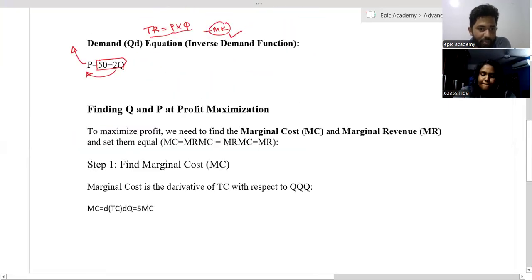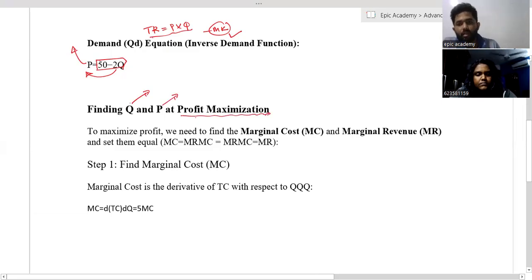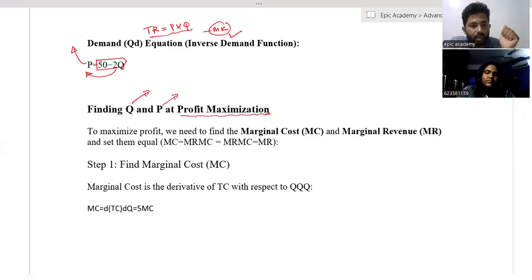Finding Q and P. Q means the quantity of the exchange, P the price of the commodity, and the profit maximizing position. Again, you have to identify it; you cannot calculate the quantity and prices where profit gets losses or a minus value.